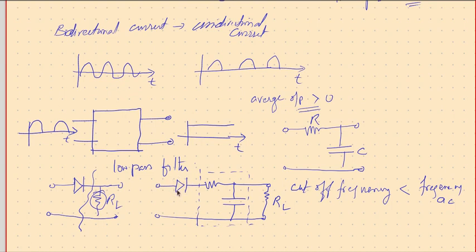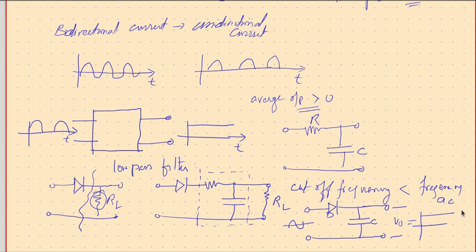So if the forward resistance of the diode can be made use of in this place, then our overall circuit would look like this. We have input AC here, we have a diode here, we have a capacitor here, and this output voltage is almost DC.